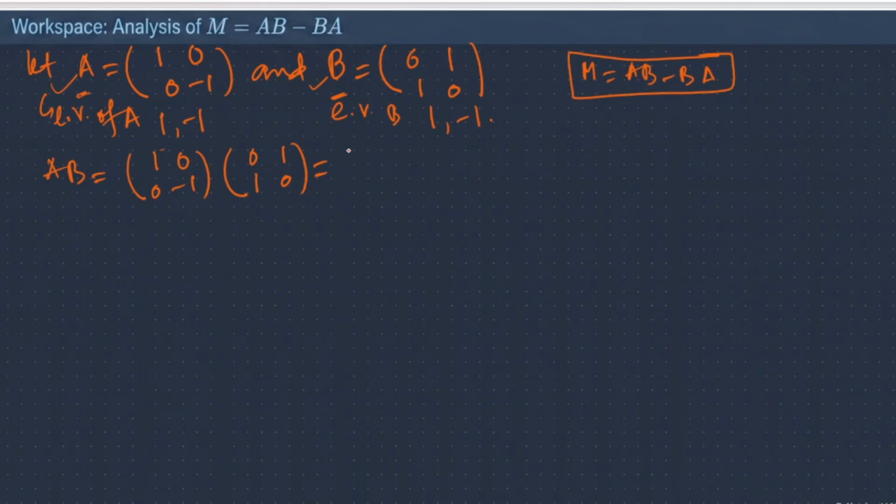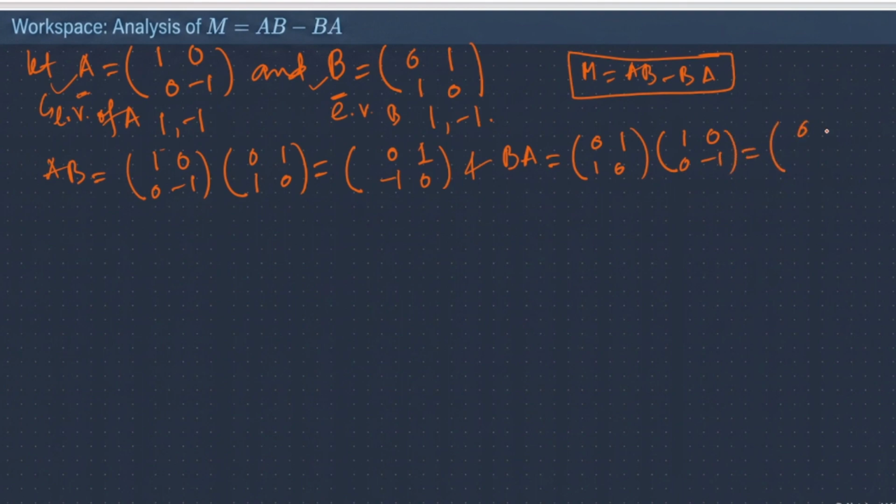Multiplying these two matrices, we get 0, 1, minus 1, 0. Similarly, BA equals 0, 1, 1, 0 times 1, 0, 0, minus 1.